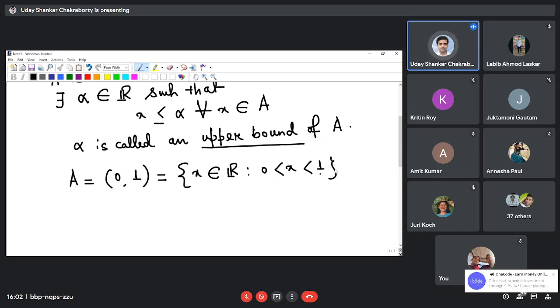So this is the setting. Can anybody tell me whether this set is bounded above or not? No, sir. It is not bounded above. Why is it not bounded above?